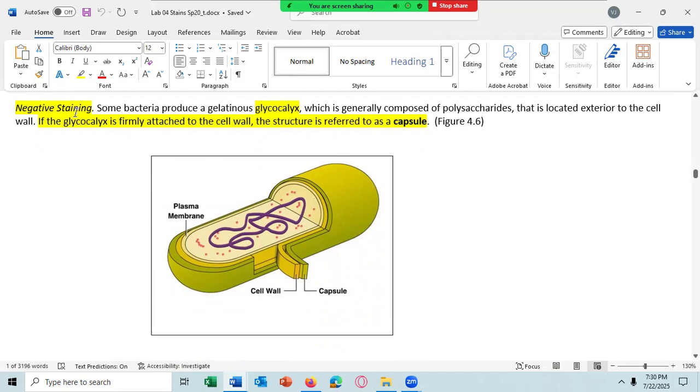Some bacteria produce a gelatinous substance called the glycocalyx, which has polysaccharides and other molecules in it. It's secreted exterior to the cell wall. If the glycocalyx has other molecules in it, meaning other than mostly just water, and it's attached firmly to the cell wall, and you can see it with the light microscope, we call it a capsule.